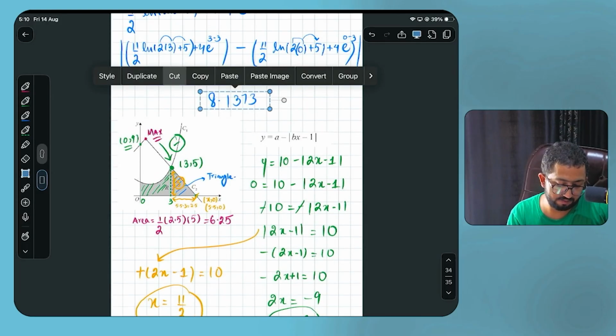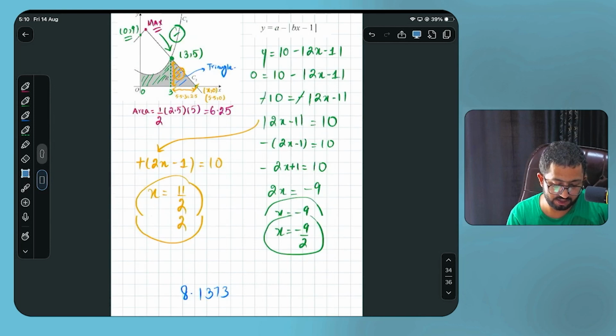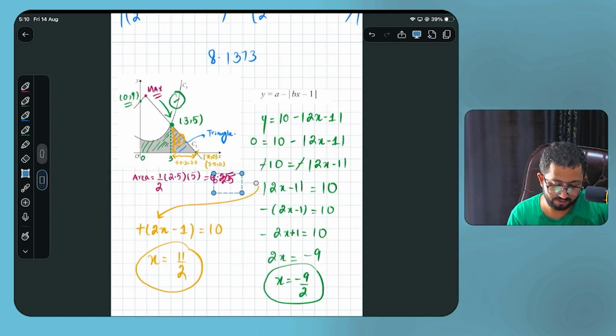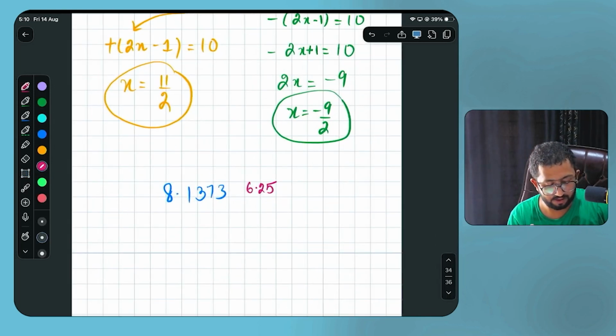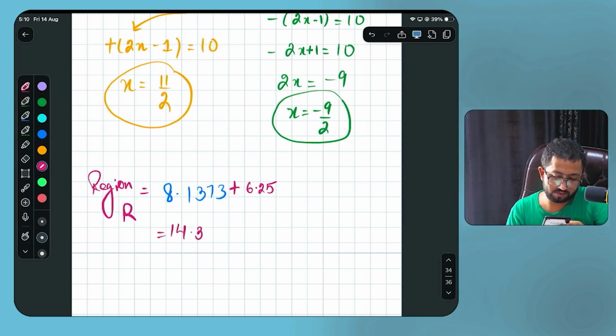Add both of these answers to get the final answer for our region. 14.2 in three significant figures.